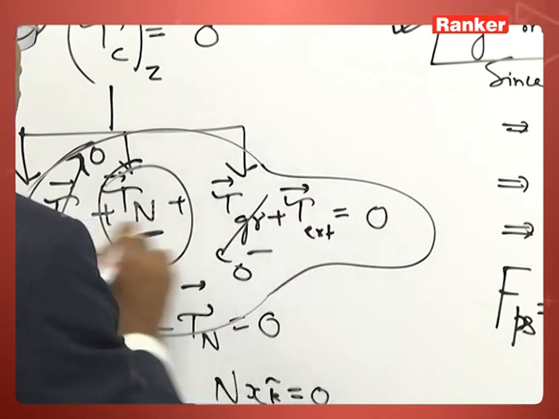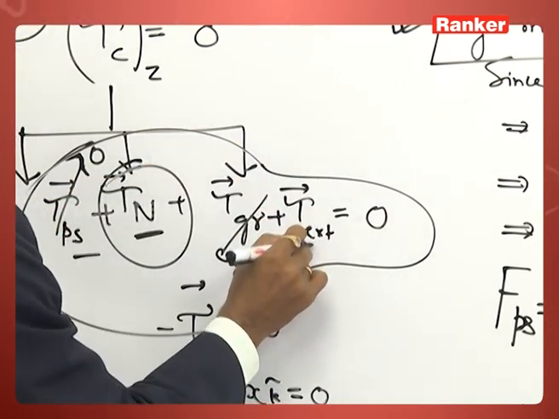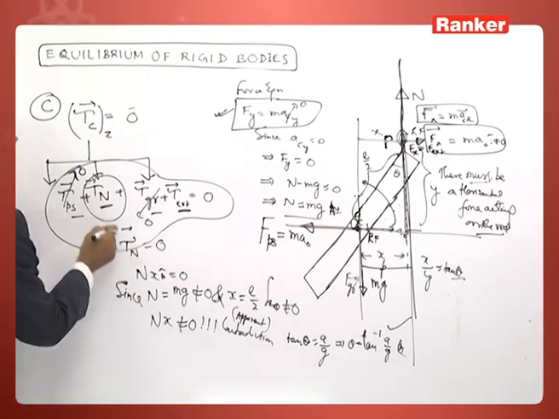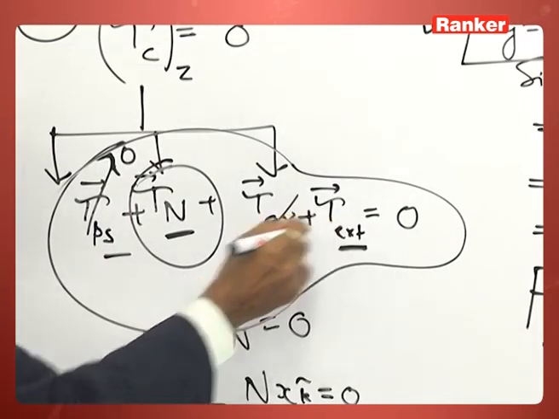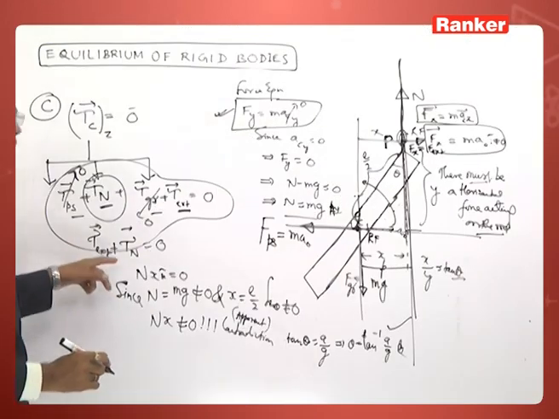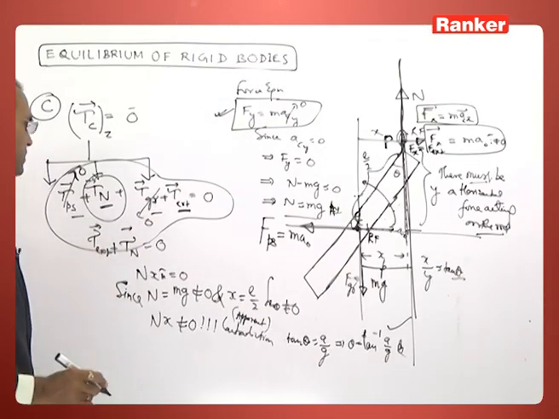If you add this torque, then you will get the correct answer. These two will produce 0 torque. So, the torque produced by the external agent will be equal and opposite to the torque produced by the normal reaction force.